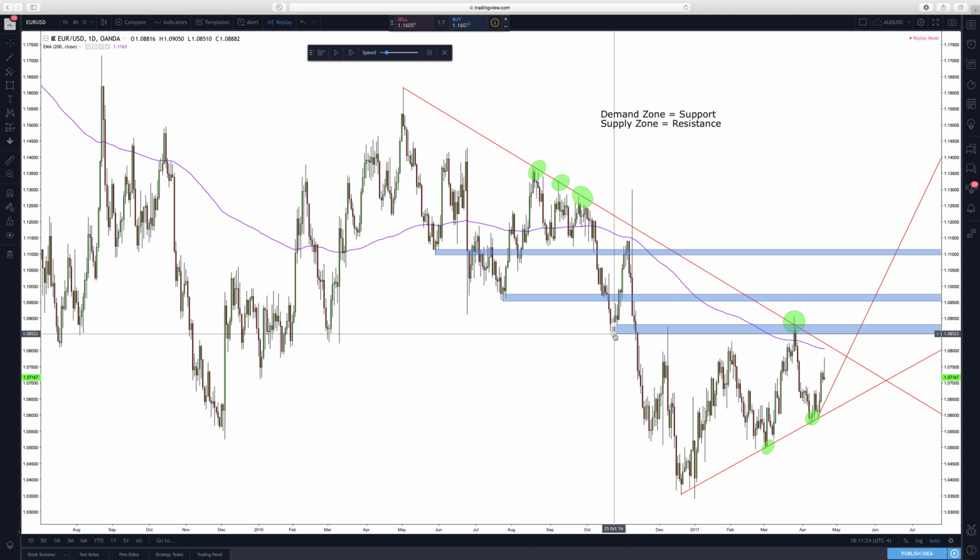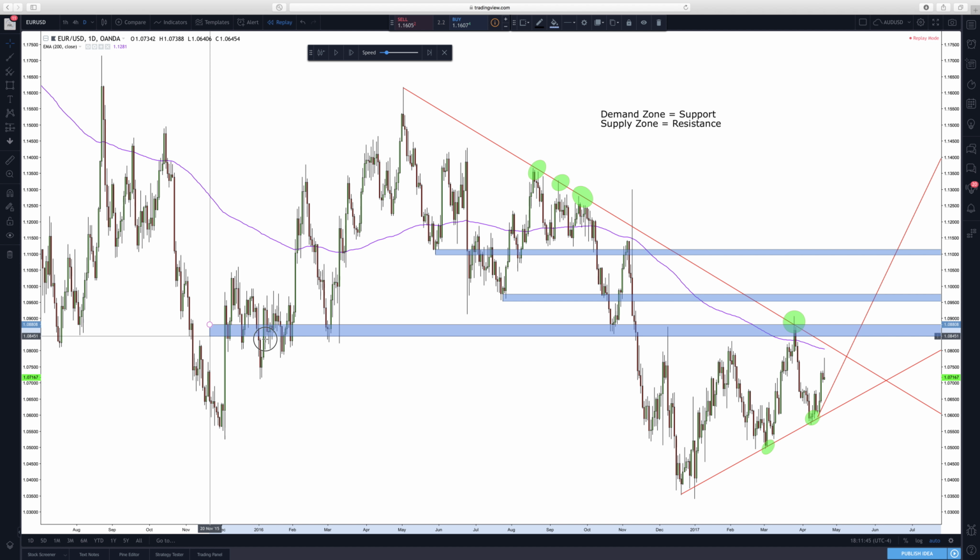Now if we go back, at this point here, we could see price was respecting this level around here as well. I try not to draw these big wicks here because they're usually either news driven or stop loss hunts, and I don't necessarily consider them a valid support and resistance point. But from this point here, I don't try to go back too far.